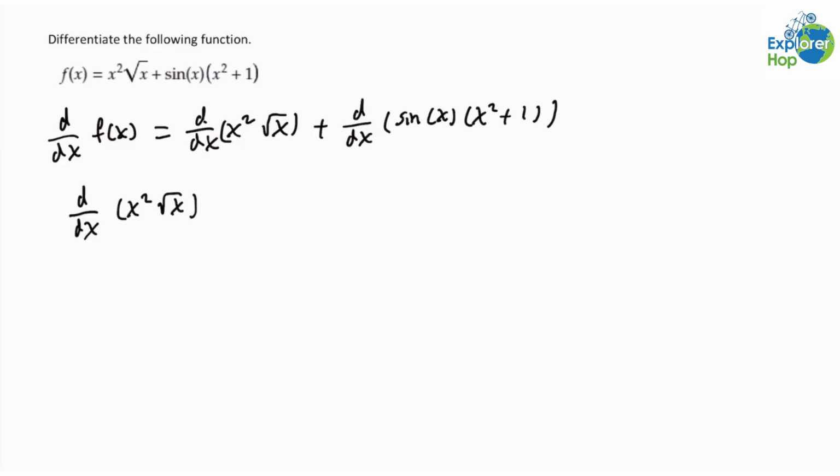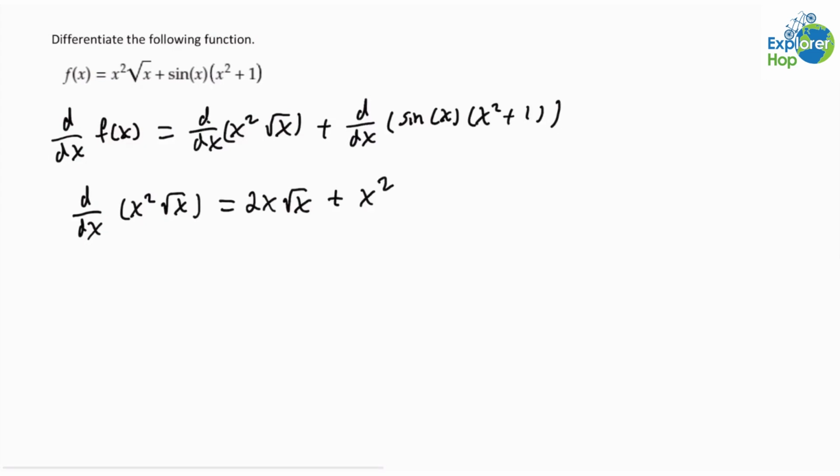And this is equal to the derivative of x squared, which is 2x, times the second function, which is root x, plus the first function, x squared, times the derivative of the second function. So using the power rule, that's just equal to 1 over 2 times x to the negative 1 over 2.